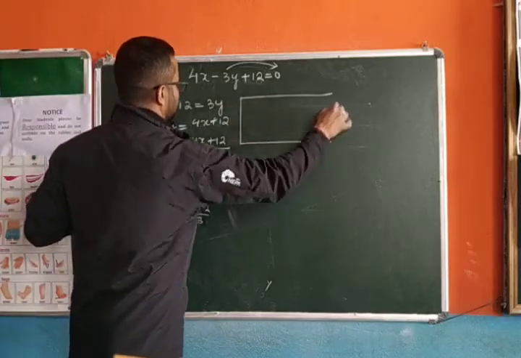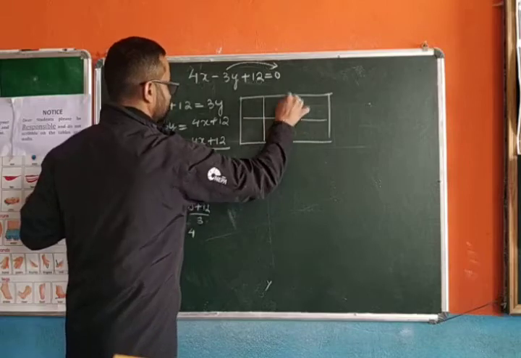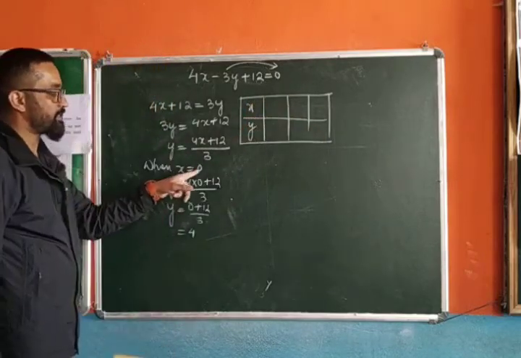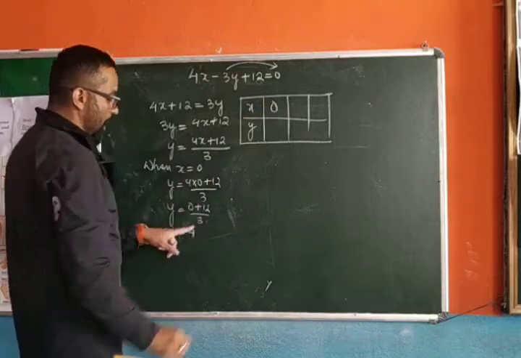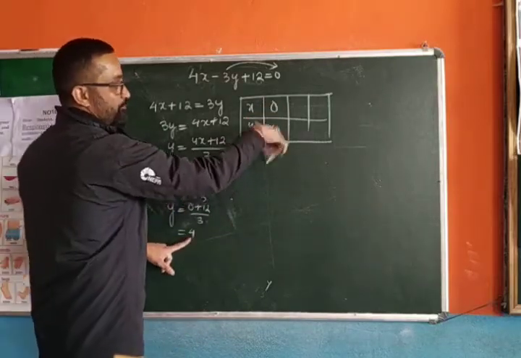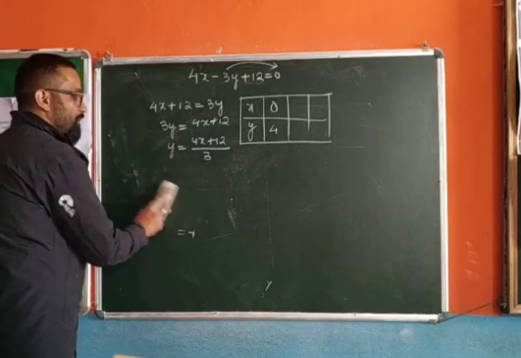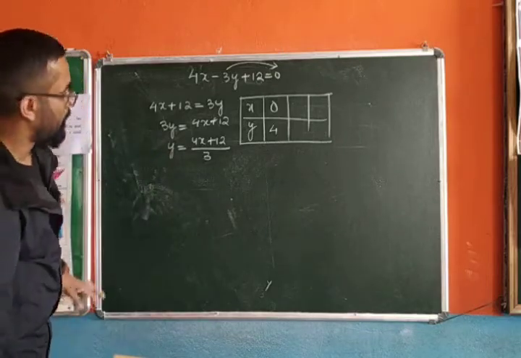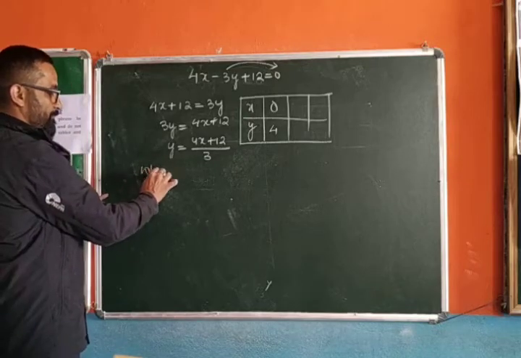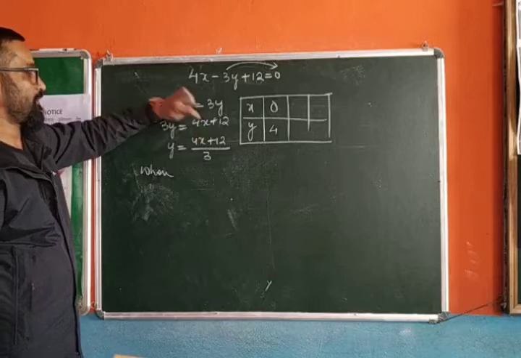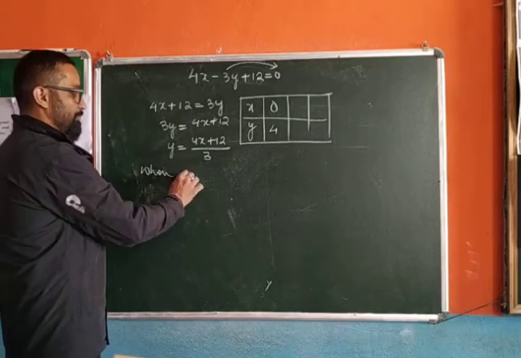Make a table at the side. When we take x as 0, we have y as the whole number 4. First one. Now the second calculation. I am taking x as minus 3.